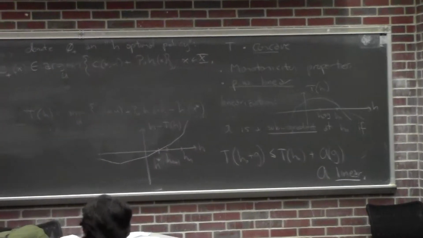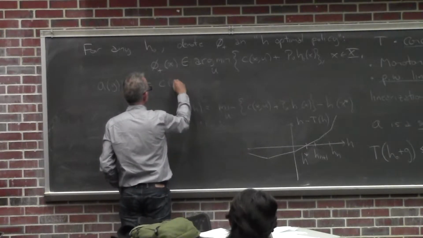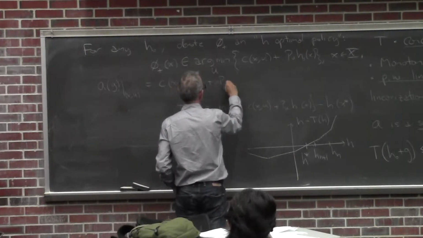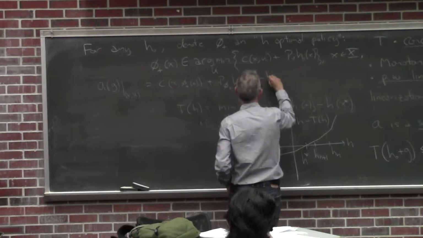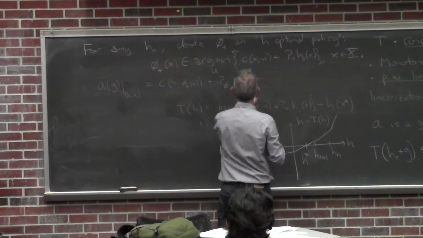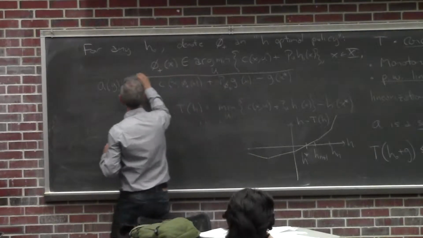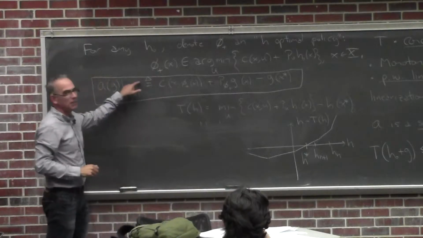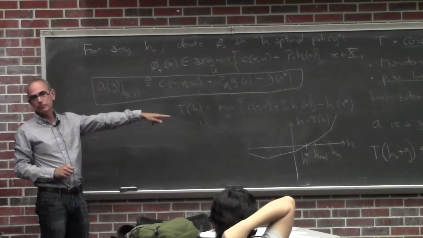And if I define this just to be this without the minimum, G. So if I make this definition, where a triangle on the top means that this is defined to be equal to that, then this satisfies that subgradient property.